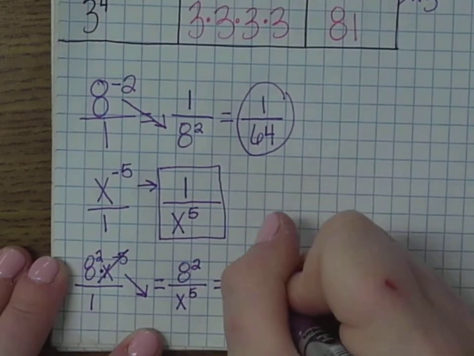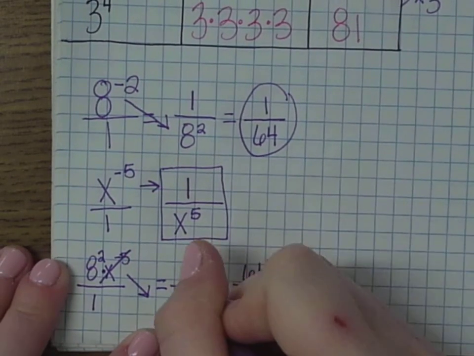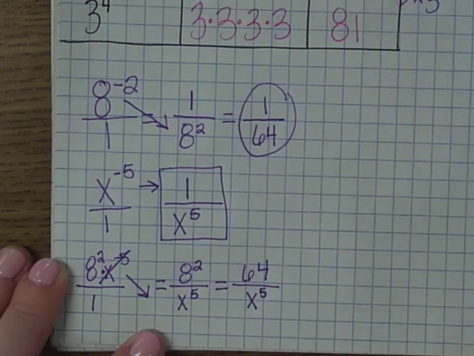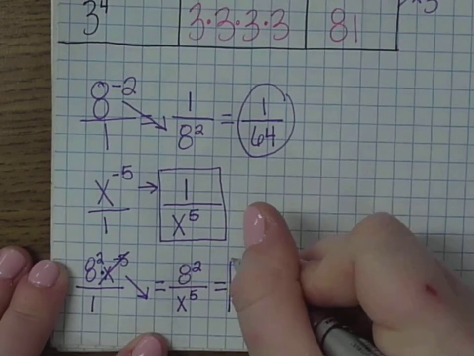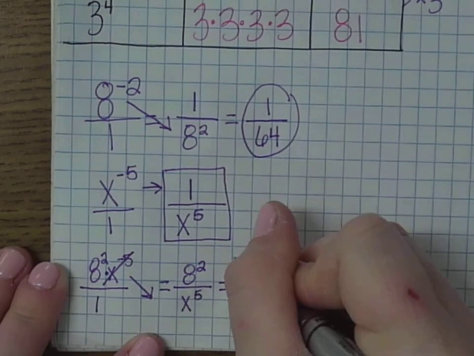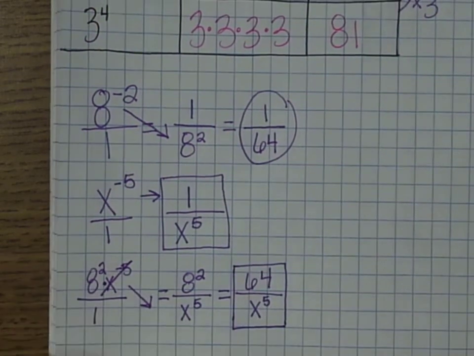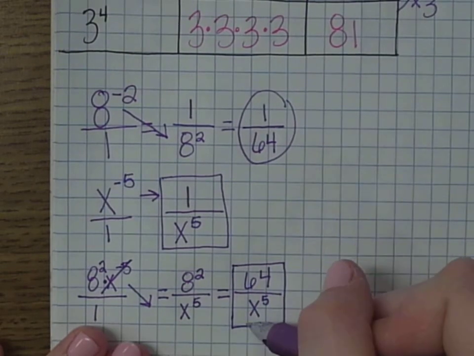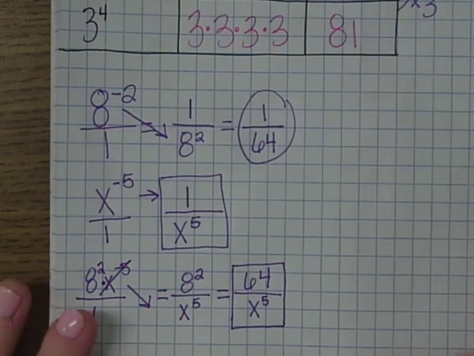So 8 squared is 64. X to the fifth, you don't know what x is, so you can't multiply it out. So it's actually easier, in my opinion, when it's a variable and we're talking about exponents, just because you can't multiply it out, so you just leave it as x to the fifth. So we have 64 over x to the fifth.